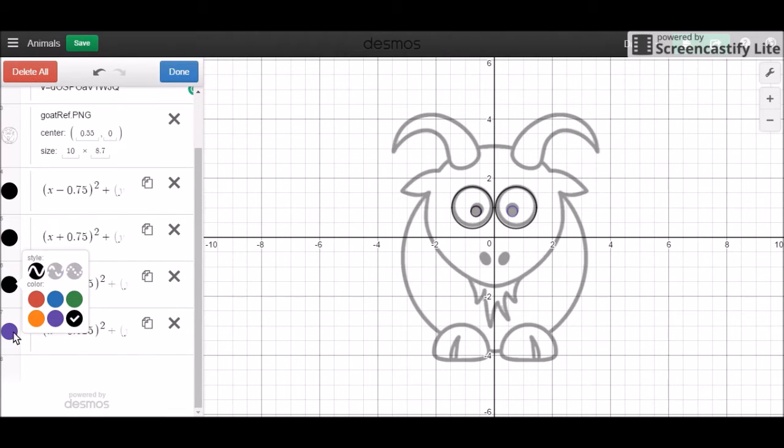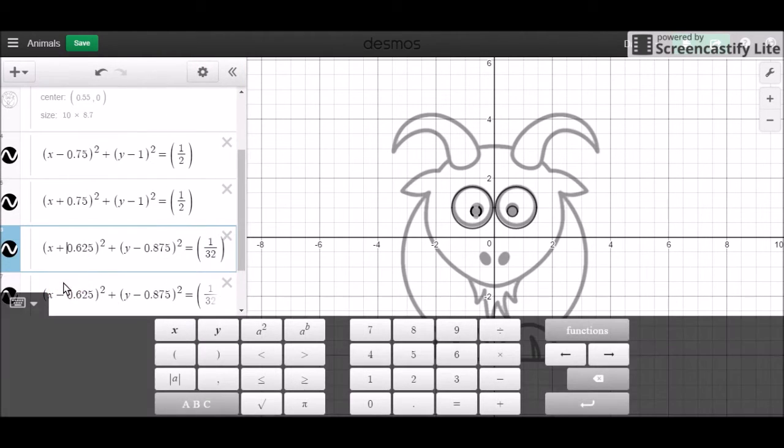You'll notice that I purposely centered this and tried to get this graph symmetrical along the middle, so that if we want to make a change, if we make a duplicate, we can easily mirror it to the other side by changing the plus to a minus, and vice versa. Okay, so we want the eye pupils to be filled in.